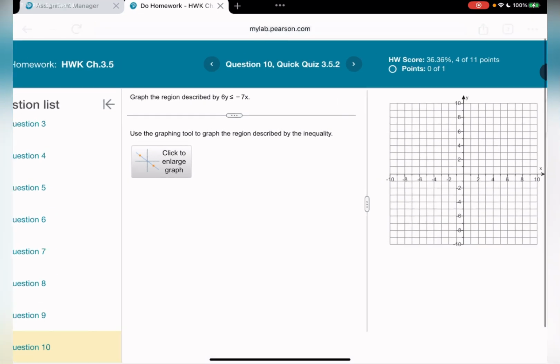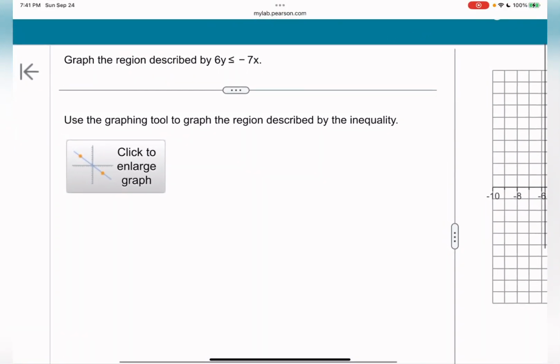What do we have? Number 10 now. It's going to be the same way: 6y less than or equal to negative 7x. You can use the previous problem, with the only difference being that you don't have to flip anything. 6y is already on this side, right?